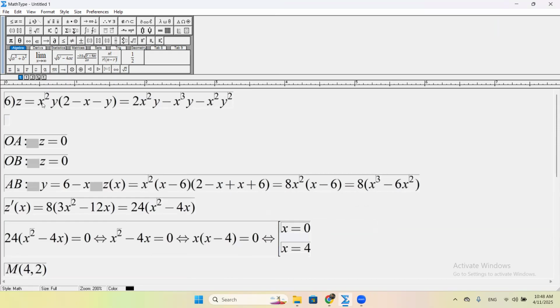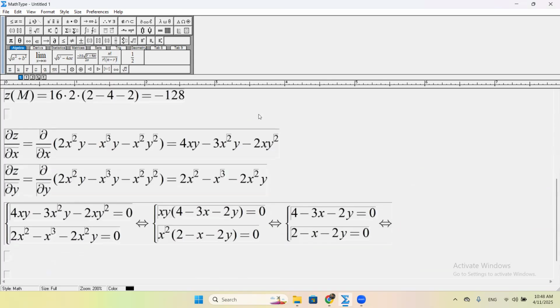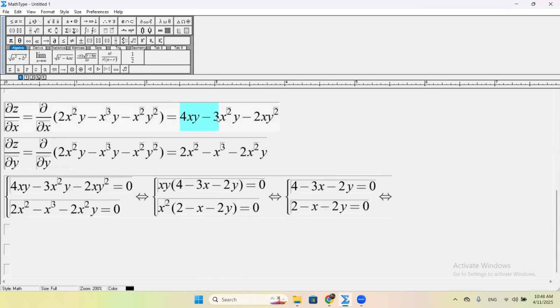Okay, let's see. So 2x square y minus x cube y minus x square y square. Okay.